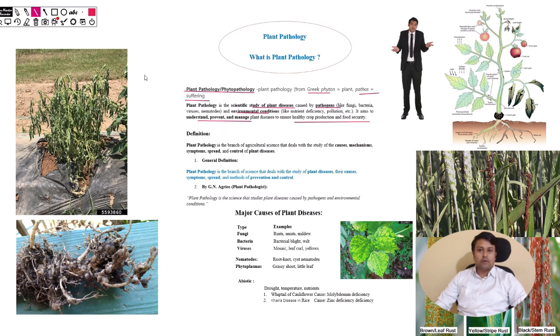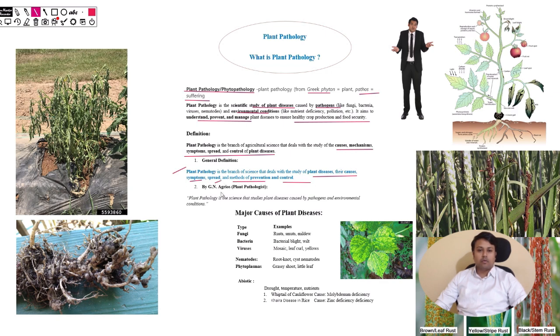The important definition: plant pathology is a branch of agricultural sciences that deals with the study of causes, mechanisms, spread, and control of plant diseases. Whenever in exam they ask what is plant pathology, this is the general definition you can write, and this covers all the words: plant diseases, their causes, symptoms, spread, methods of prevention and control.